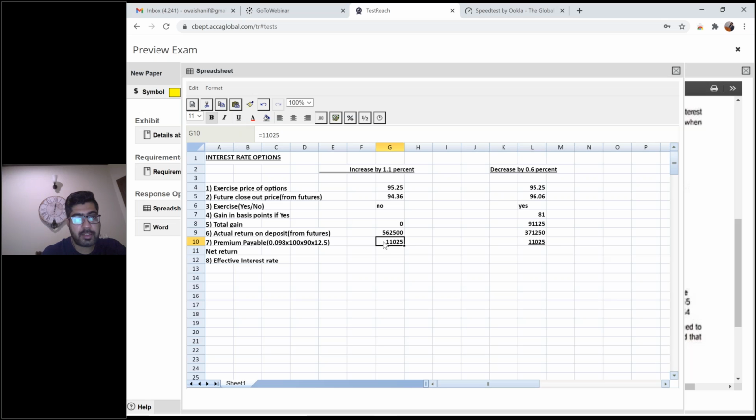So you will get the net return or net cost. Premium has to be paid, which reduces return, therefore I will deduct it.